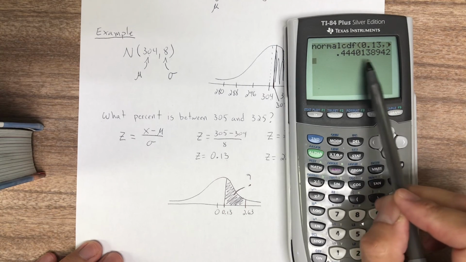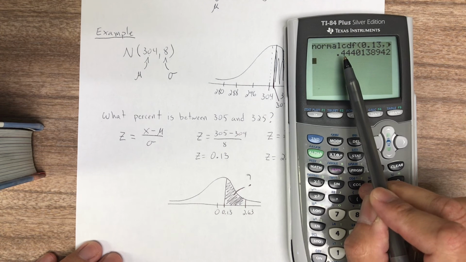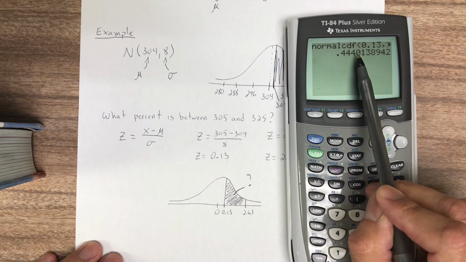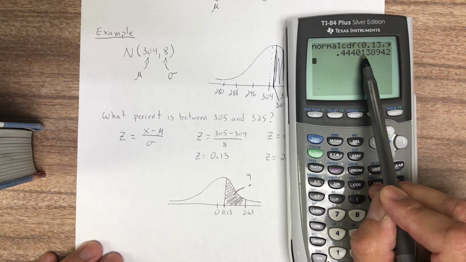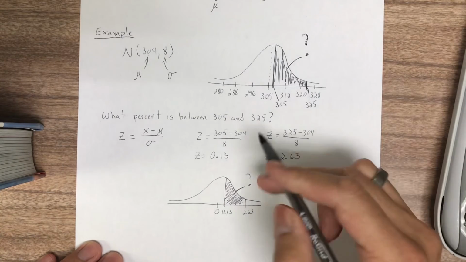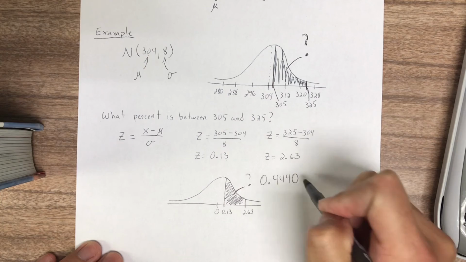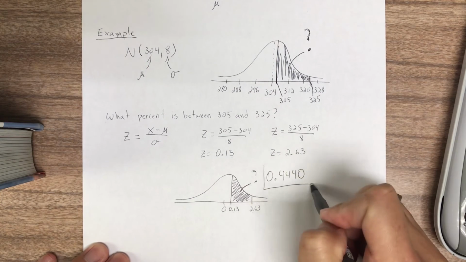Now when we're looking for areas, we usually round to 4 decimal places, or 4 numbers after the decimal. 1, 2, 3, 4. So this one, the 0 doesn't round up, so it stays at 0. So my question mark will be 0.4440. So that is the area.